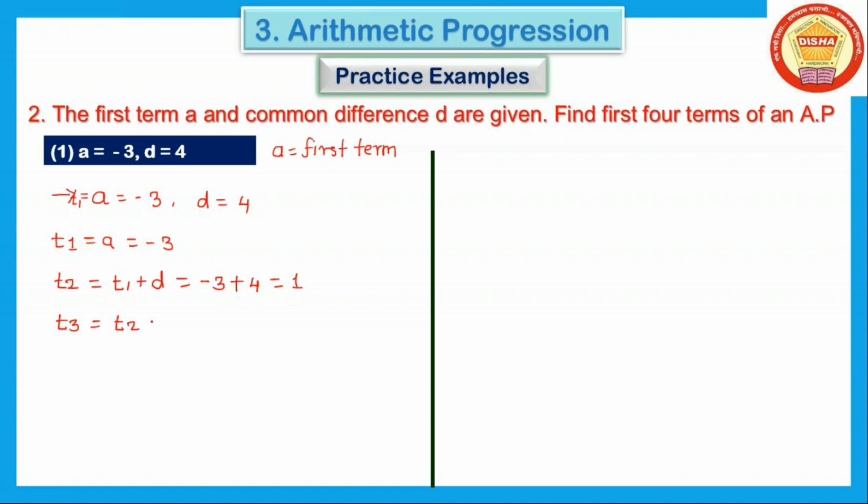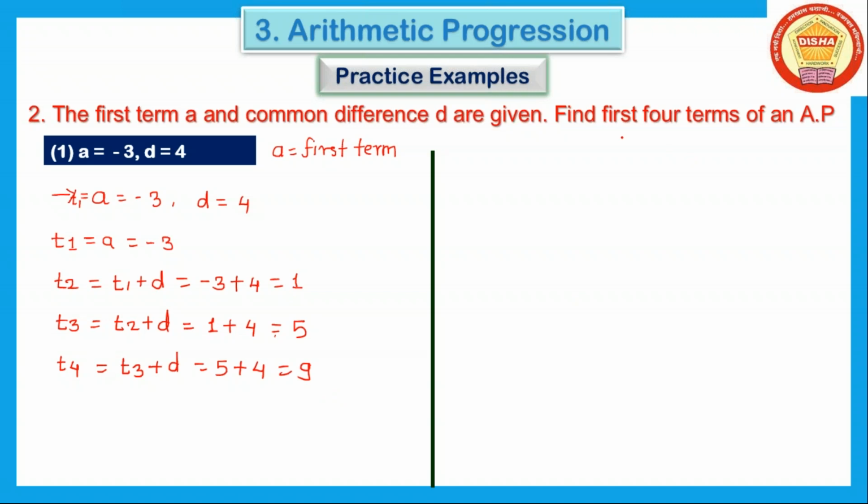That is T2 plus D, which is equal to 1 plus 4 is equal to 5. Then we find T4. That is T3 plus D. T3, the third term, is 5, means 5 plus 4 is equal to 9.